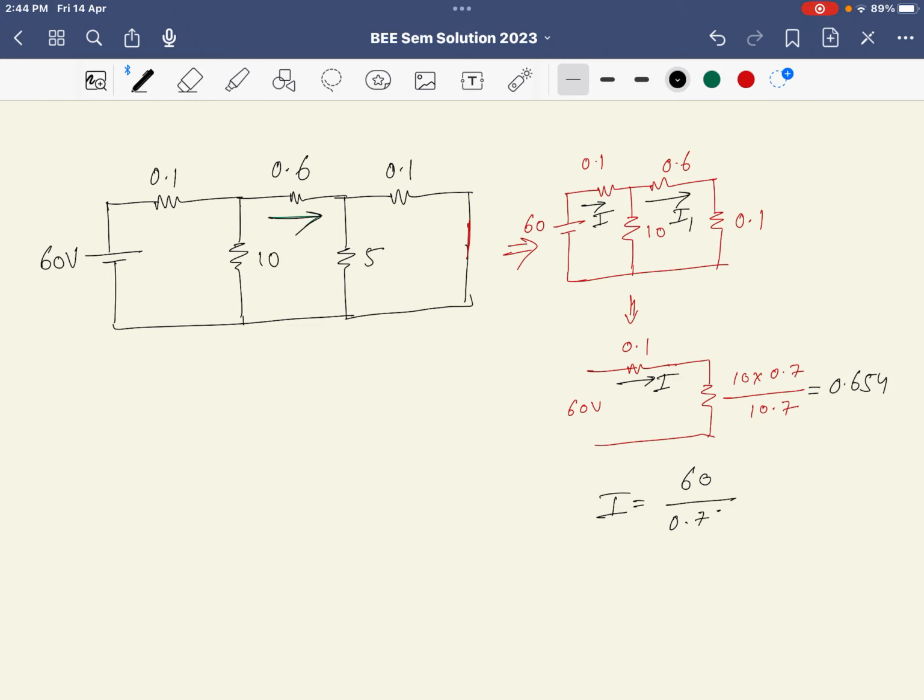So 60 divided by 0.654 will give the total value of the current. We need not calculate that.